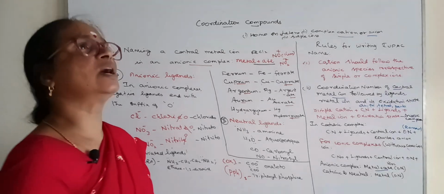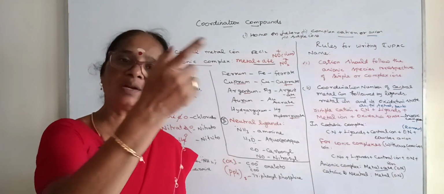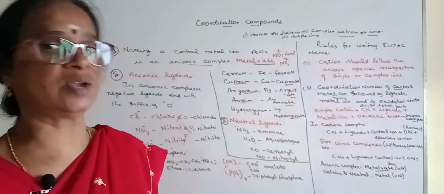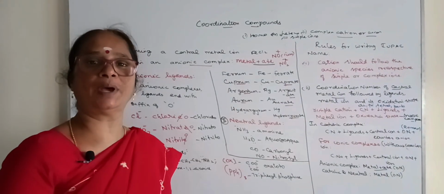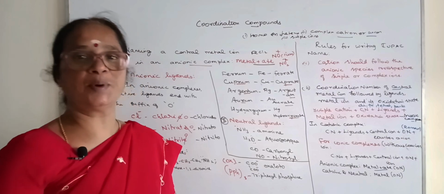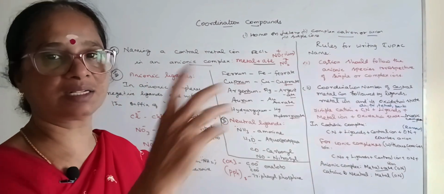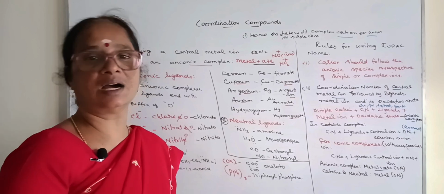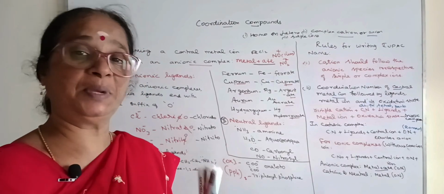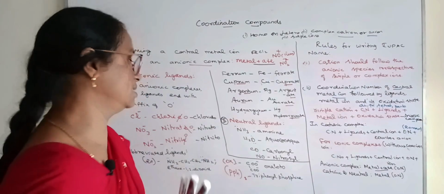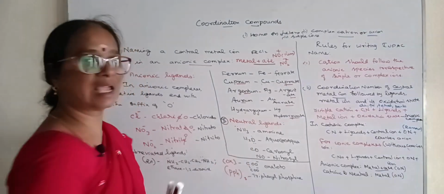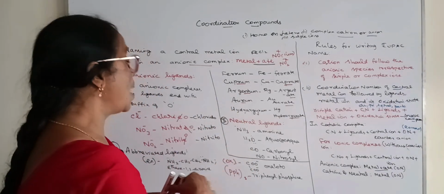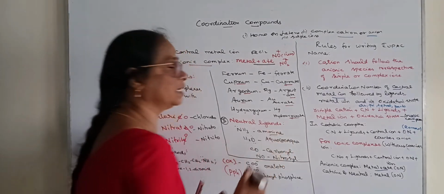Neutral ligands have one or more lone pairs on one of their atoms, and they are capable of donating a pair of electrons to the central metal ion. But these neutral ligands have their specific names. For example, ammonia is termed ammine in complexes.